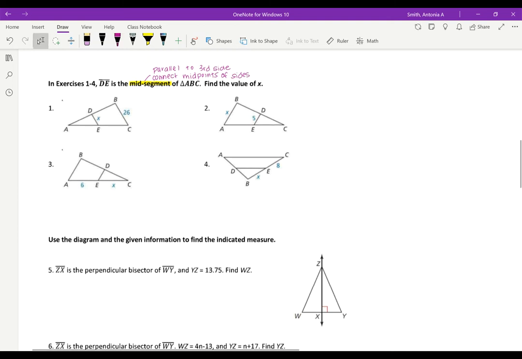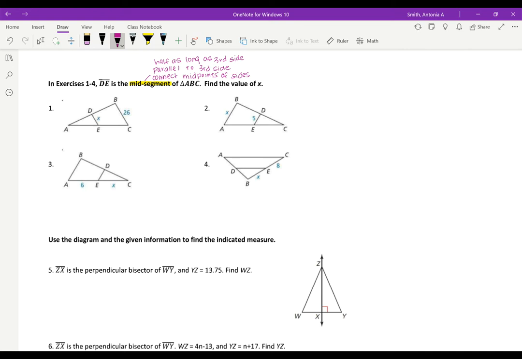What else do we know from up above? We know that it is half as long as the third side. Those are some things that it said about midsegments on the last page.